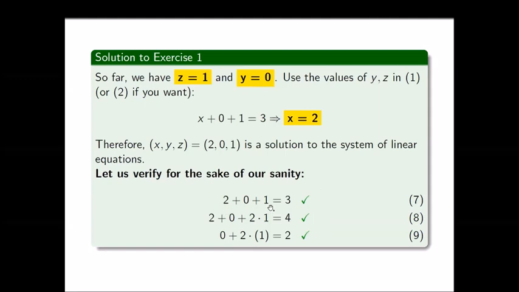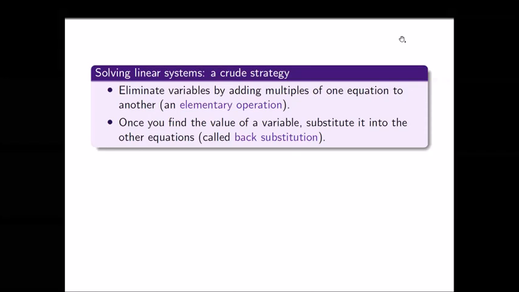2 plus 0 plus 1 is indeed 3, 2 plus 0 plus 2 is indeed 4, and 0 plus 2 is indeed 2. So crudely speaking, this is what the strategy for solving linear systems looks like. We first eliminate variables by adding multiples of one equation to the other. And then once we have the value of a variable, we substitute back into the other equations, and we call it back substitution.